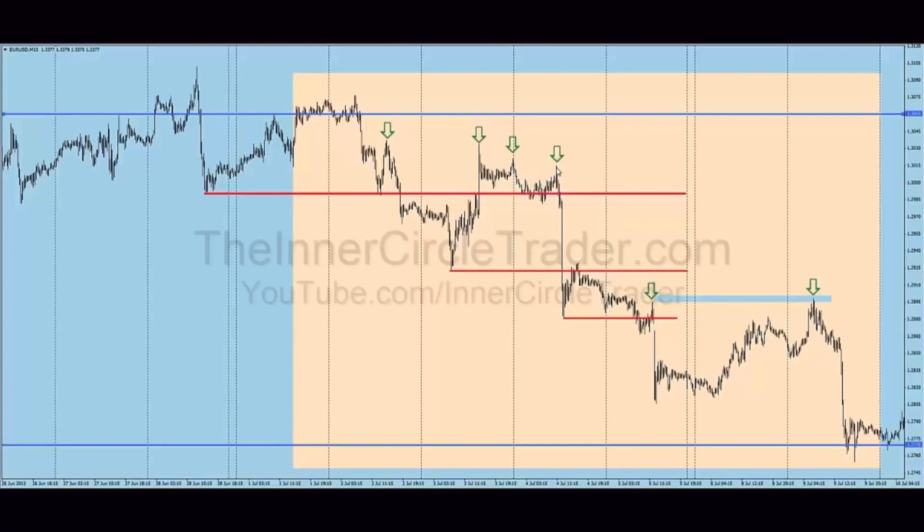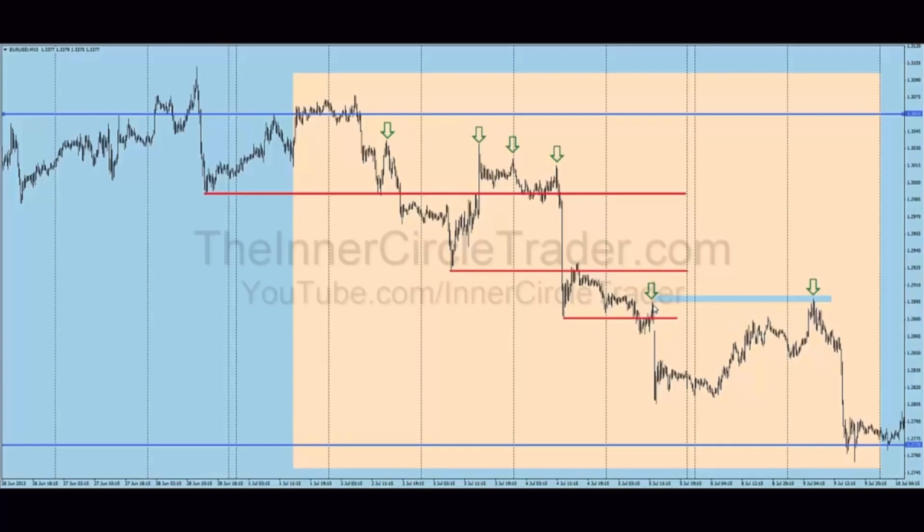And this high here is 11 GMT. This high here is 12 GMT, and the high here is 6:30 GMT. That's early London Open or Frankfurt.